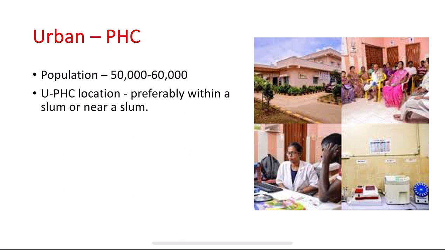Urban Primary Health Center. So we see that the urban primary health center is functional for a population of approximately 50,000 to 60,000. The urban primary health center will be located preferably within a slum, or preferably near a slum within half a kilometer radius, so that it can cater to a slum population of about 25,000 to 30,000 with a provision of OPD.